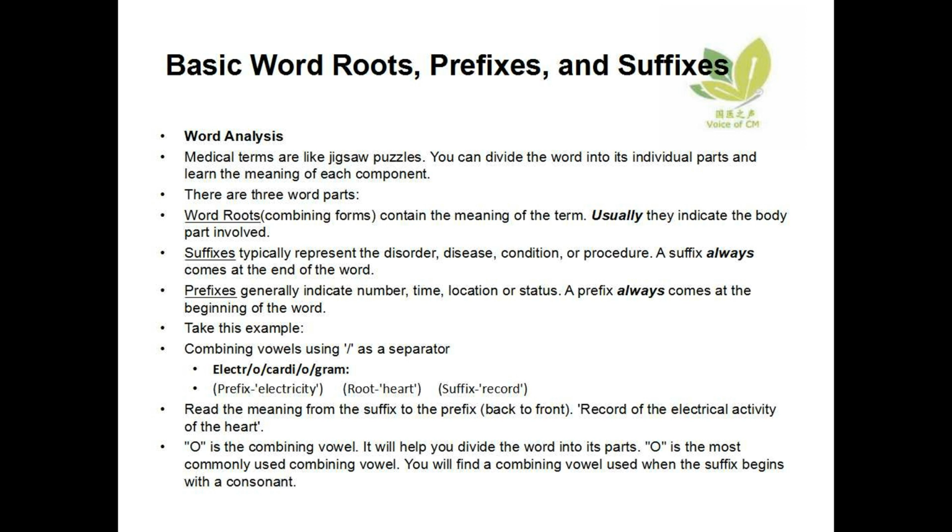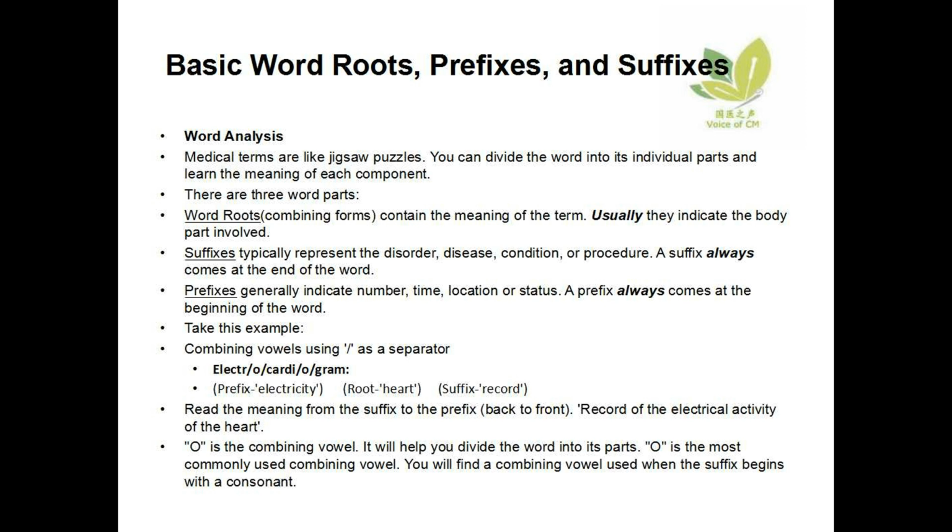And finally, the word gram is the suffix, and it means to record. You usually read the meaning from the suffix to the prefix, backwards to forwards. This, in all, can be read then as record of, or record the electrical activity of the heart.